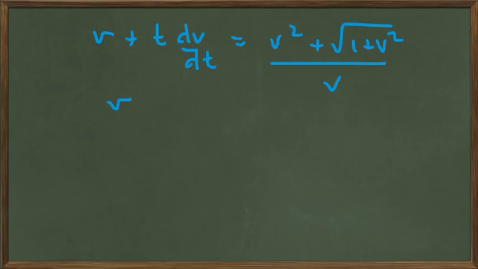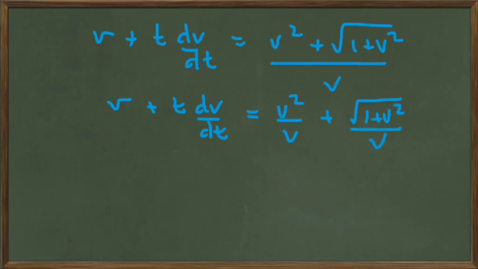Let's split the right-hand side into two fractions, v squared over v plus square root of 1 plus v squared over v. Of course we can do that kind of splitting because the right-hand side is (a plus b) over c, which is a over c plus b over c.